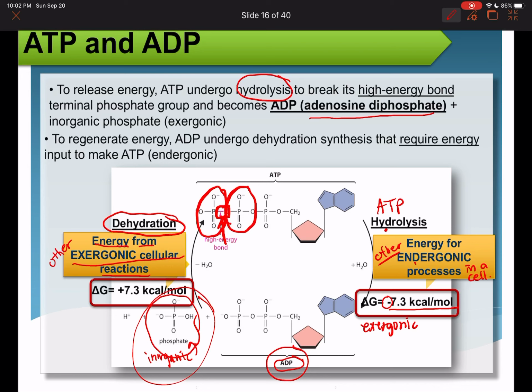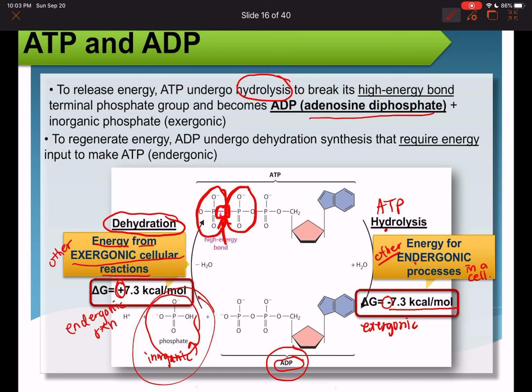Okay, that does not mean that dehydration is an exergonic reaction. Dehydration is a positive value, so it's an endergonic reaction. But in order to power this formation of ATP again, we need exergonic reactions from other reactions in the cell in order to provide us with enough energy to remake ATP molecules.